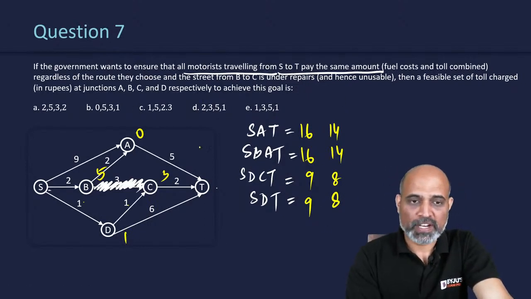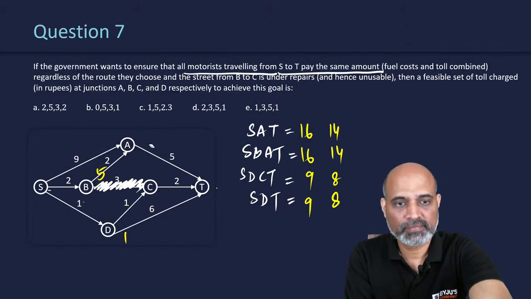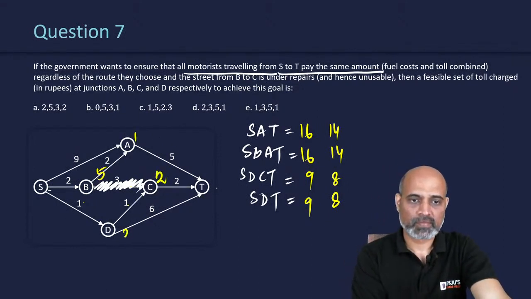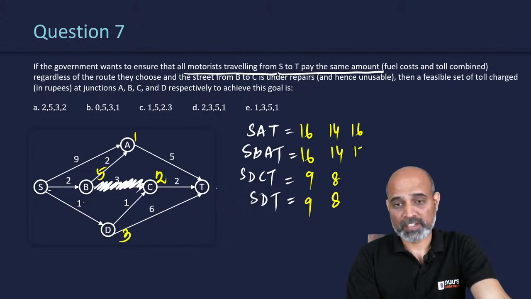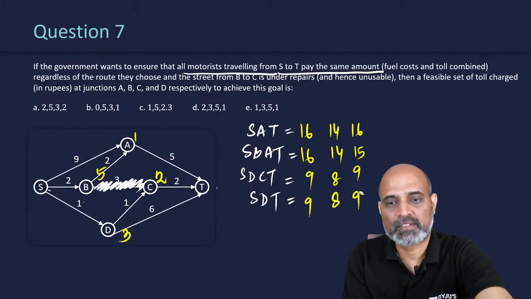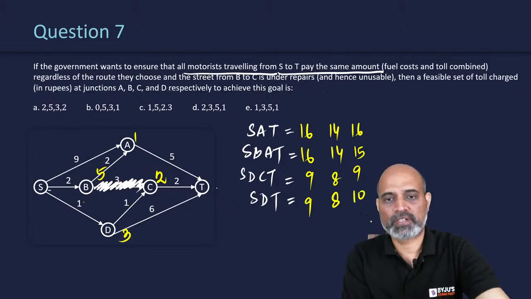Okay, if we take 1, 5, 2, 3. This is going to be 16. This one is going to be 15. SDCT is going to be 5 plus 4, 9, and this is also going to be 10. It becomes 9, 10.